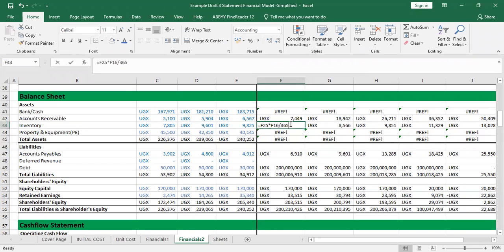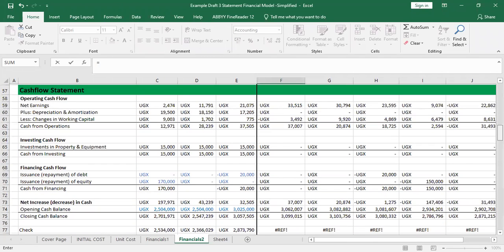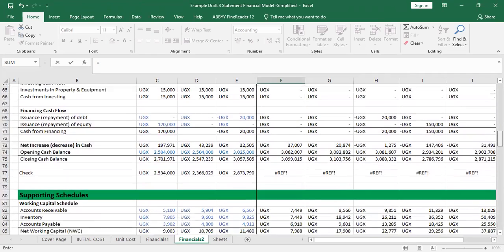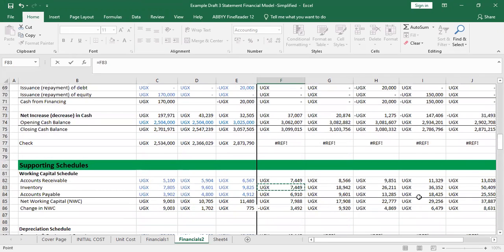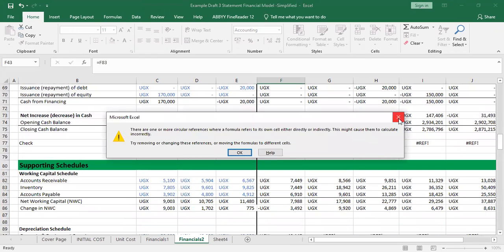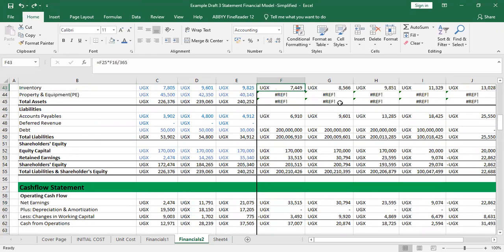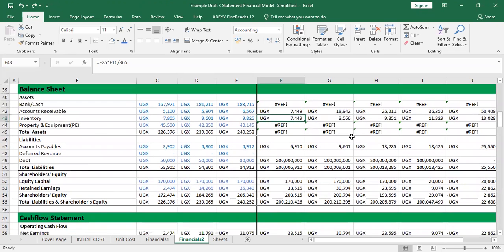Inventory was a different figure. Sorry, let me pick inventory. Ideally, when you order on the balance sheet, you start with the one that is closest to cash. So we normally put receivables before inventory. This is a series, so I have to remove this. I don't want to repeat these formulas.